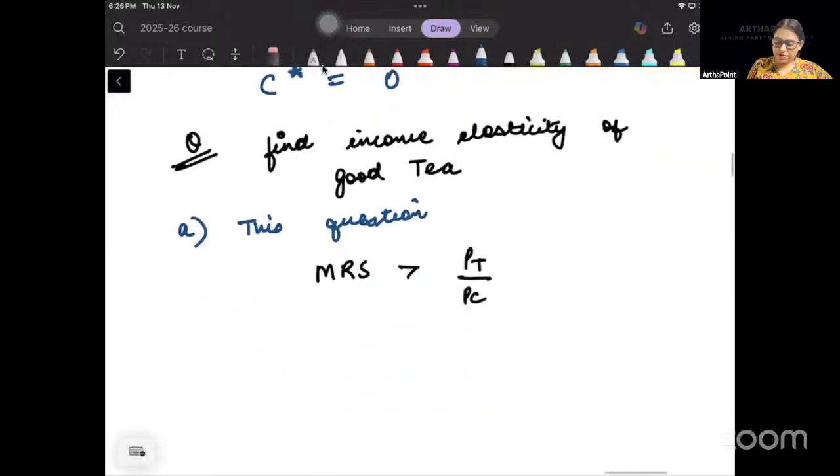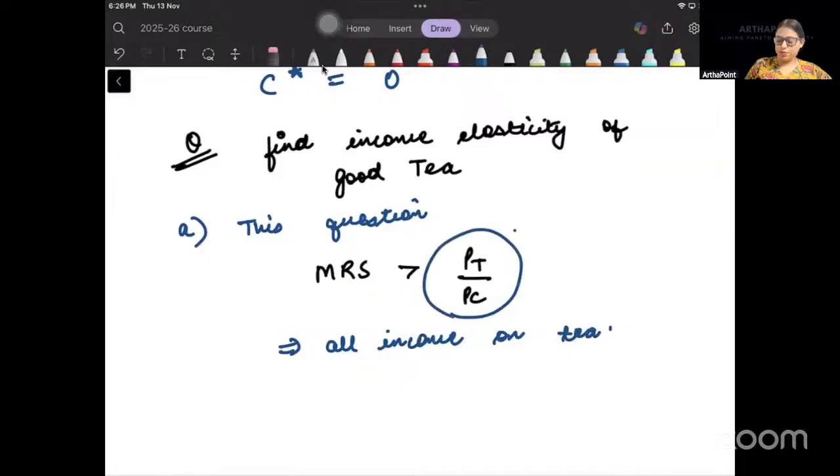It means that we are spending all income on T, because T is relatively cheaper.